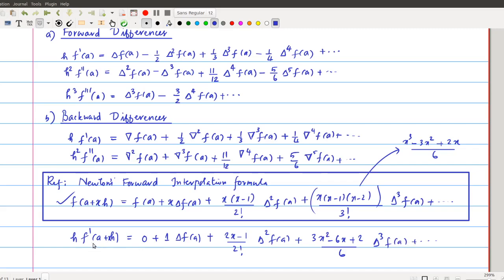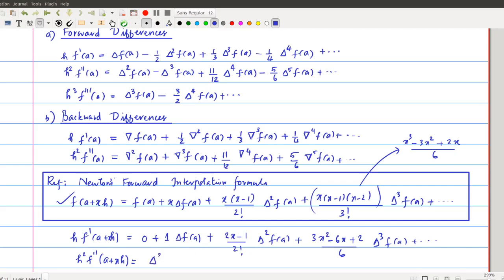In this expression, similarly you can write the second derivative from this. Find the derivative of this again, that will be h square f double dash of a plus xh. The derivative of this quantity will be 0, and the derivative of the next will be with respect to x, that will be 2 by 2, that is 1, then 1 times del square f of a.